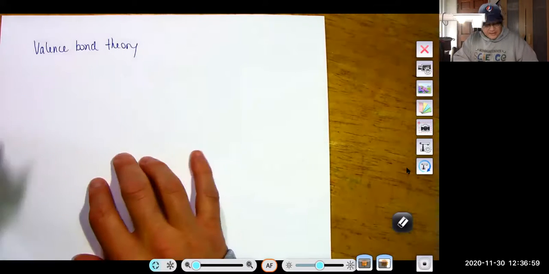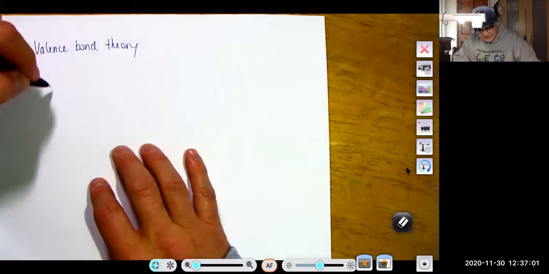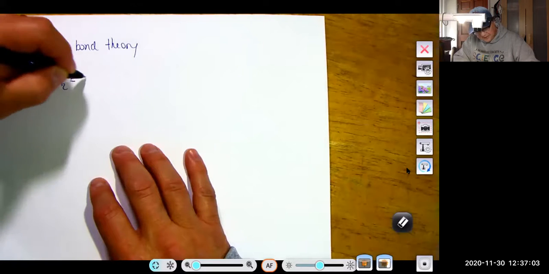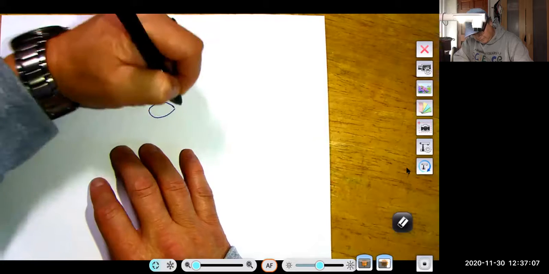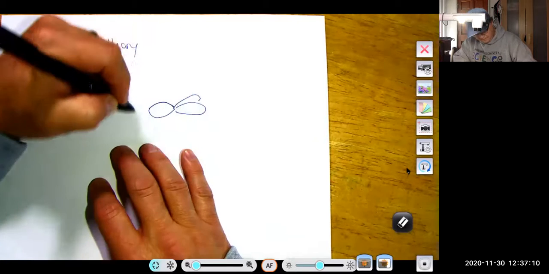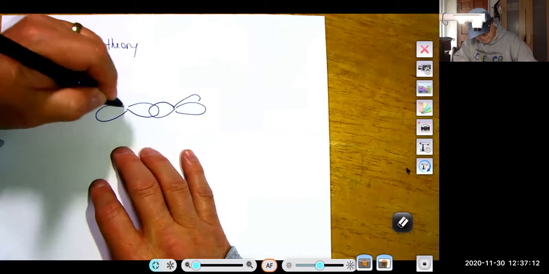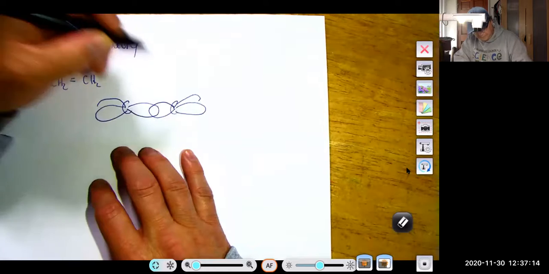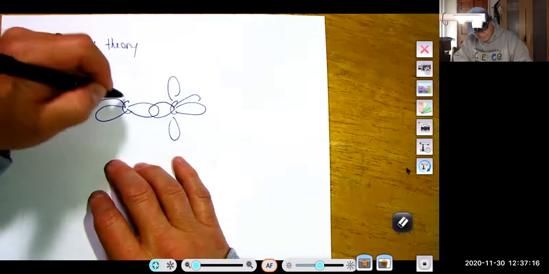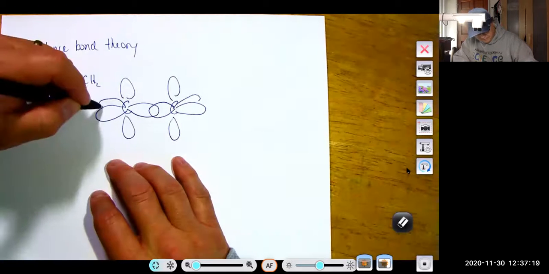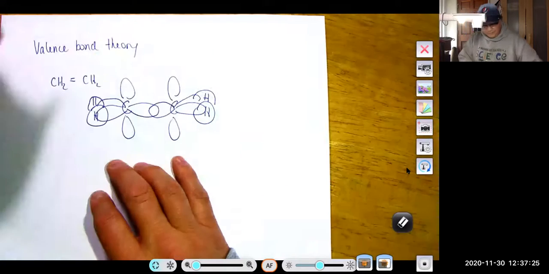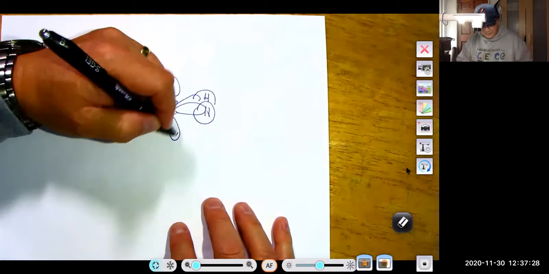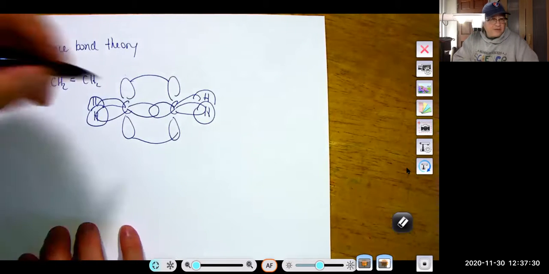When we take a look at something like this, let's take a look at all the different types of bonds here.